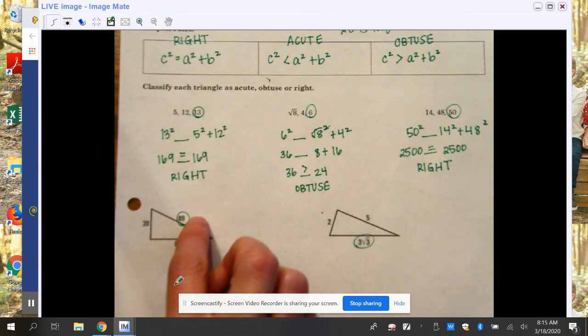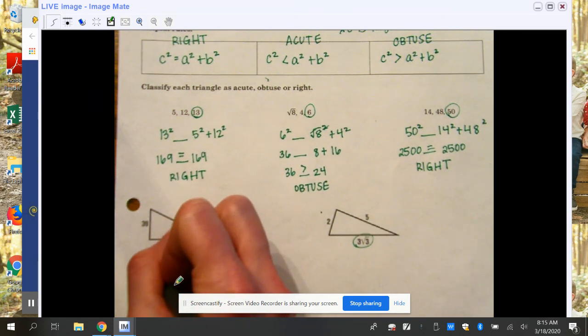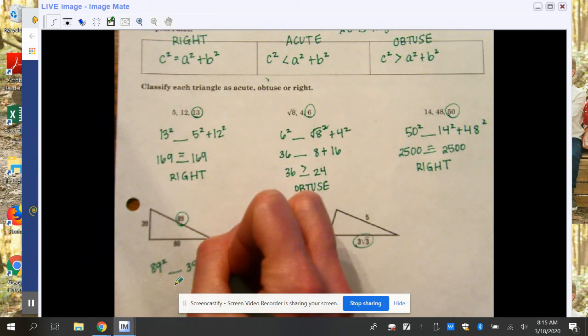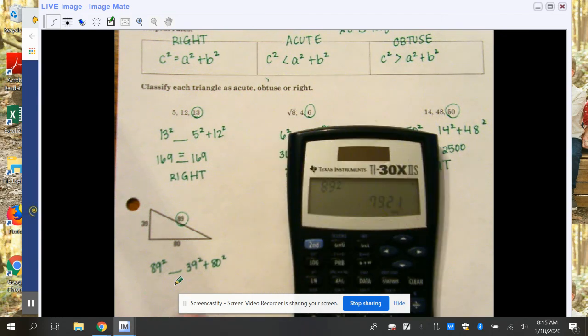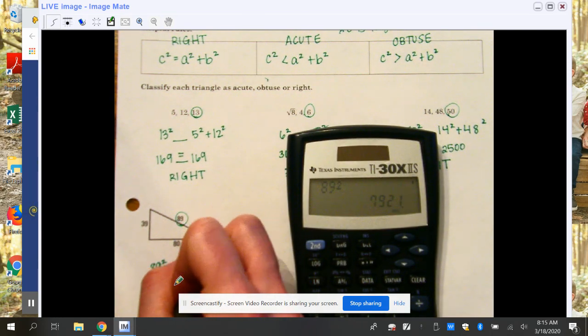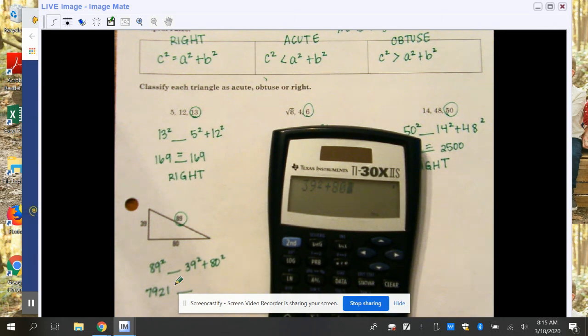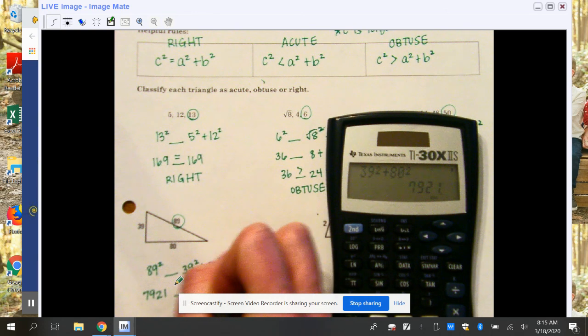But again, you always want to make sure you look at the lengths and not the way the picture is, because your picture might not be drawn to scale. So c squared compared to a squared plus b squared. That gives us 7921. That gives us 7921. Right triangle.